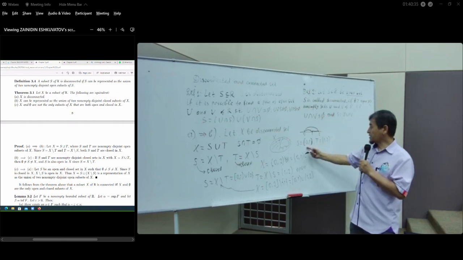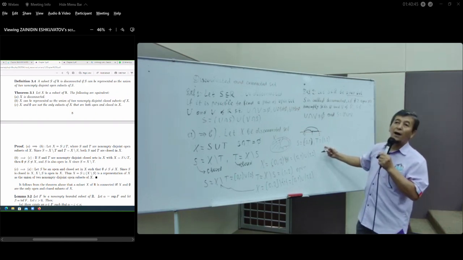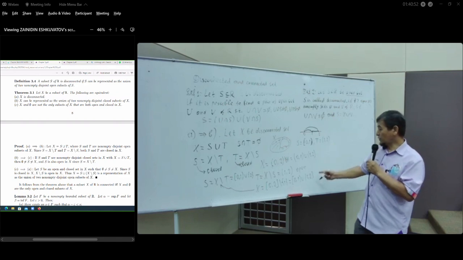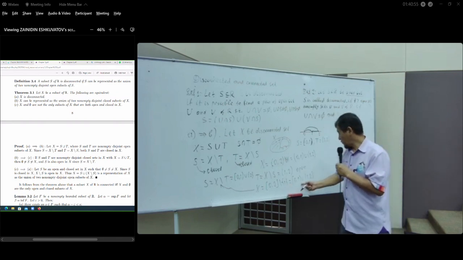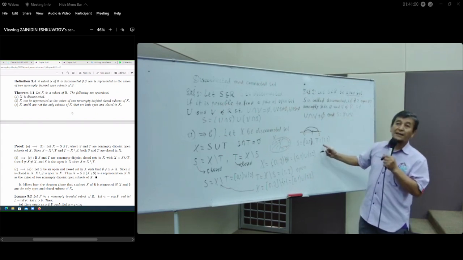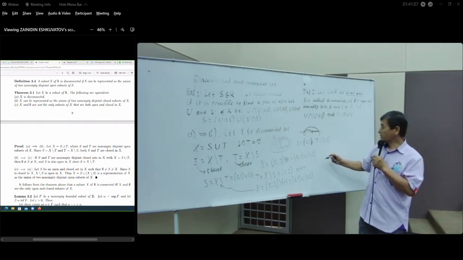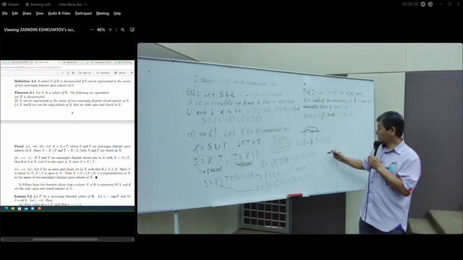T cannot include the one. And X is the union of S and T. So actually here S and T are non-empty disjoint closed sets in X.